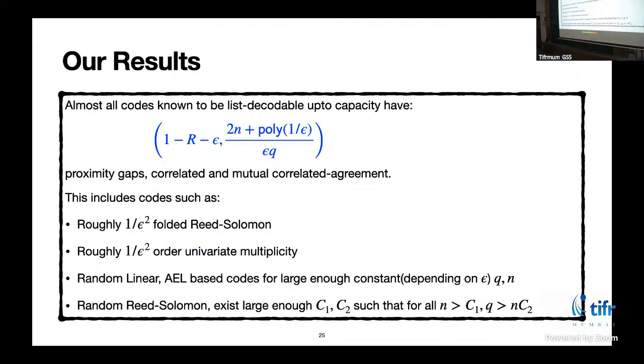What I'm wondering is, if you're looking at a code over F_q with no folding, then we can't expect this.